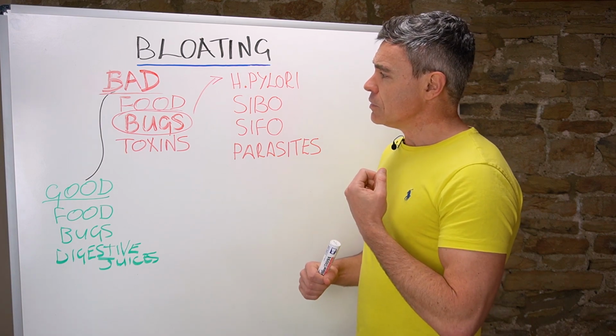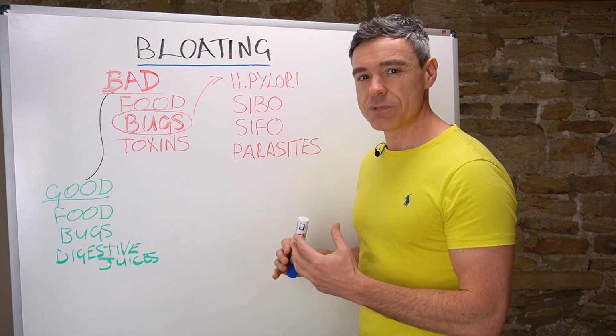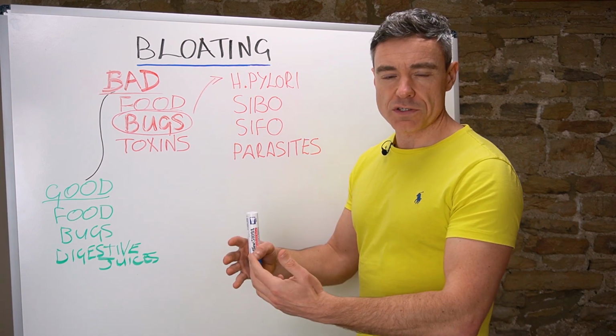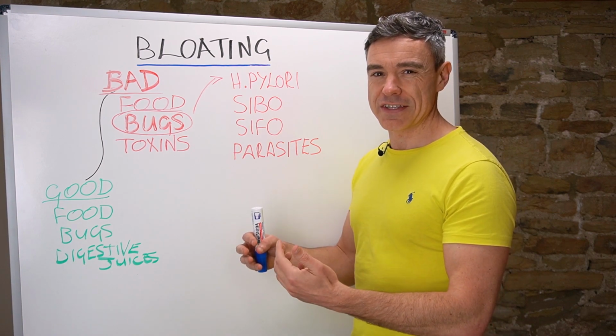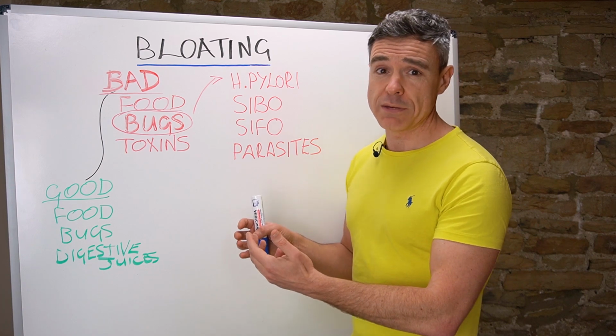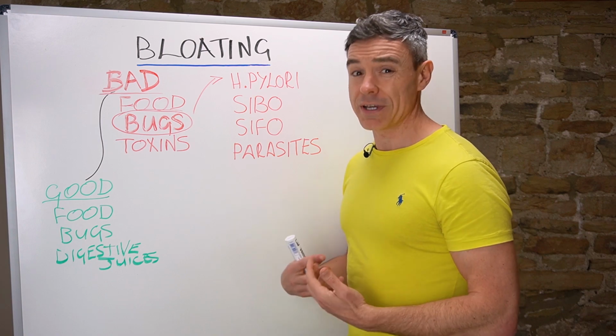Now, there's quite a lot of complexity around H. pylori because one of the main symptoms is heartburn and acid reflux. And so if you go to the doctor with heartburn and acid reflux, the first thing that they tend to do is give you acid blocking medications. So proton pump inhibitors like omeprazole, lansoprazole, etc., that really suppress stomach acid production.